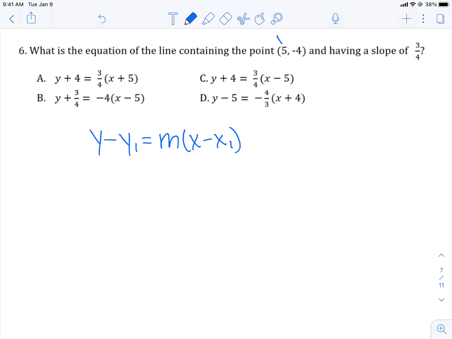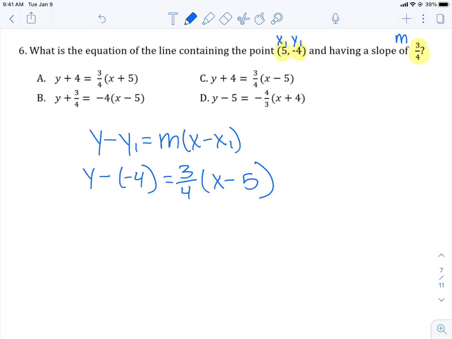I have my point x sub 1 and y sub 1, so I'm just going to plug it in, and my slope m of 3/4. So I have y minus, I'm going to use -4, is equal to my slope of 3/4 times x minus 5.